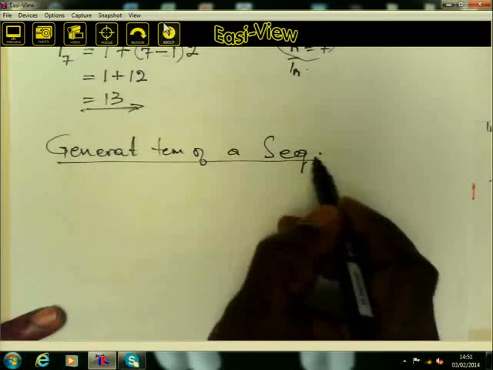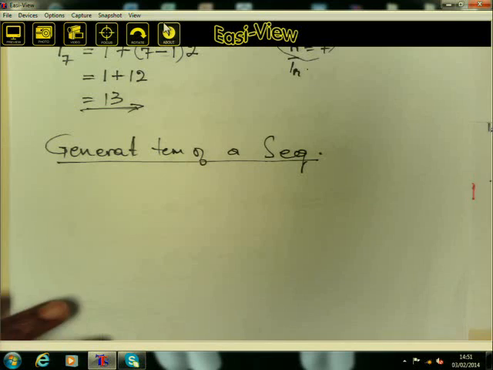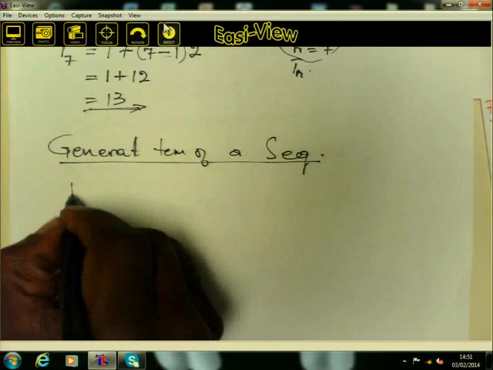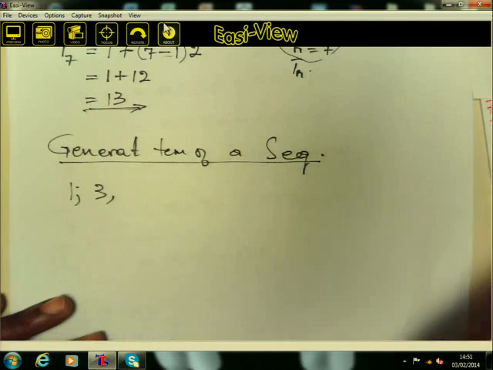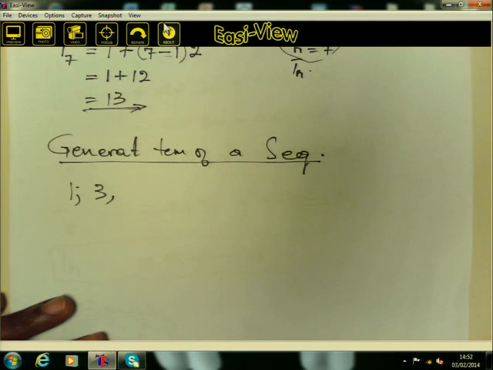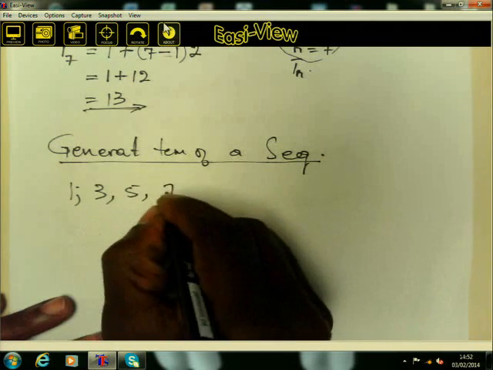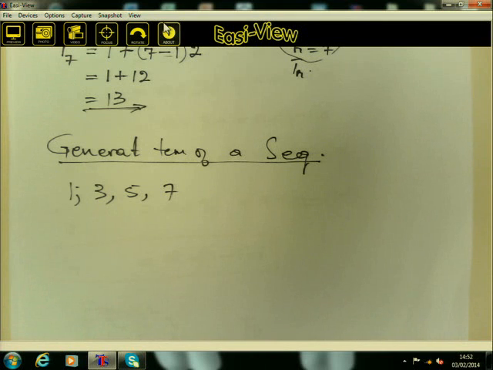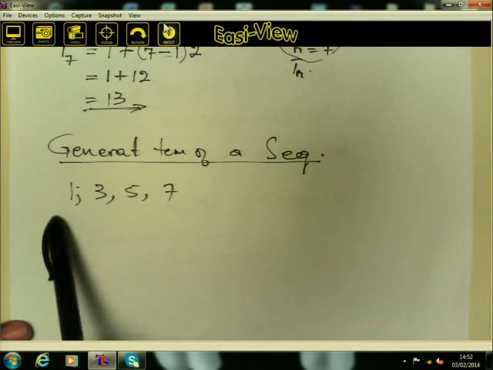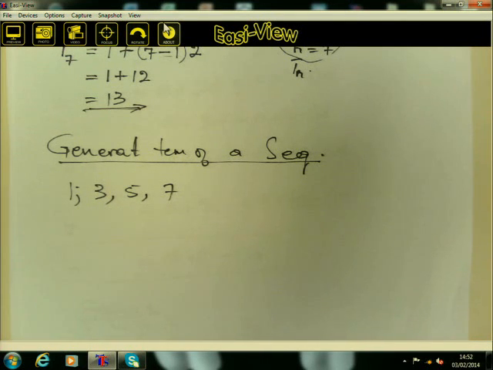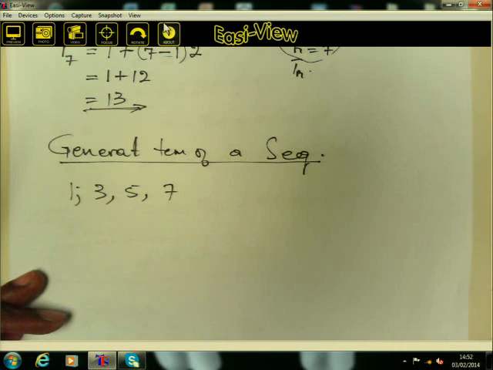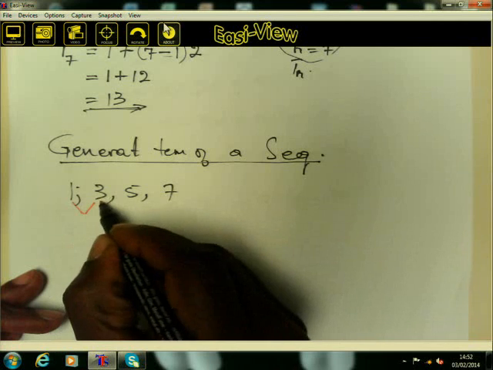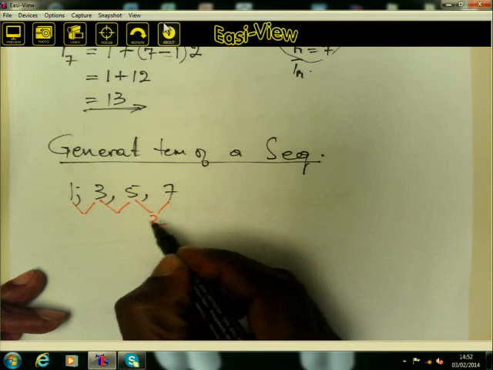To find the general term, like the one that we had here, it was 1, 3, 5, and 7. So what is the general term for this particular sequence? We can find that because we know the general term for the arithmetic sequence. But before we can do that, we must first establish what type of sequence this is. Like we have just done, this one gives us the difference of 2.